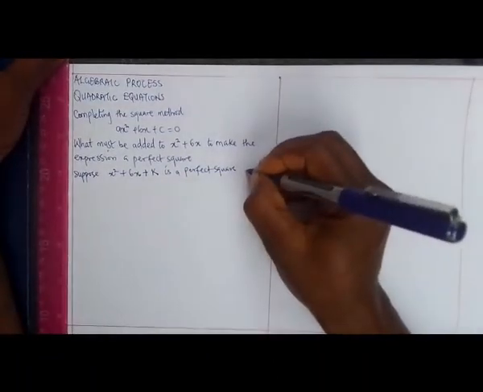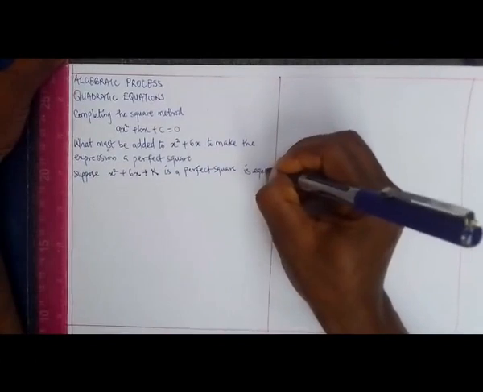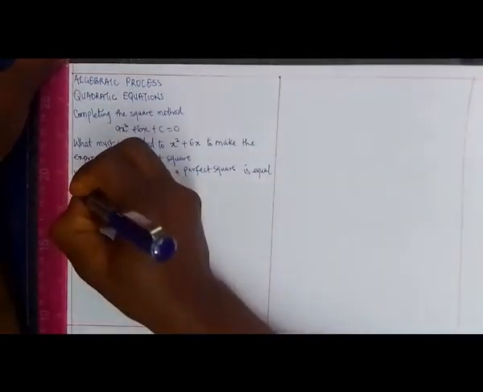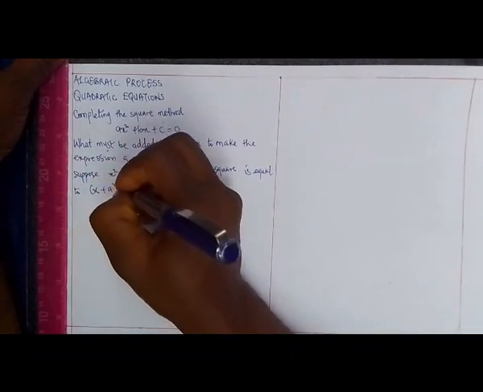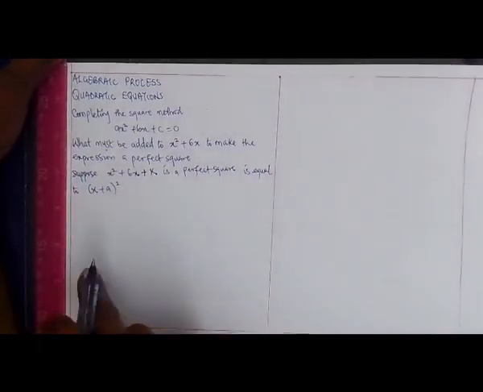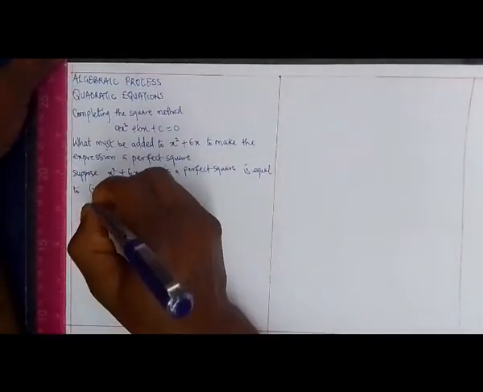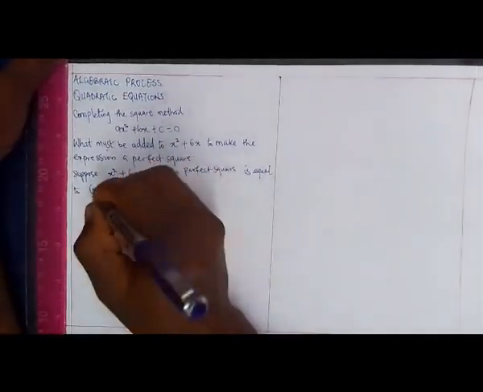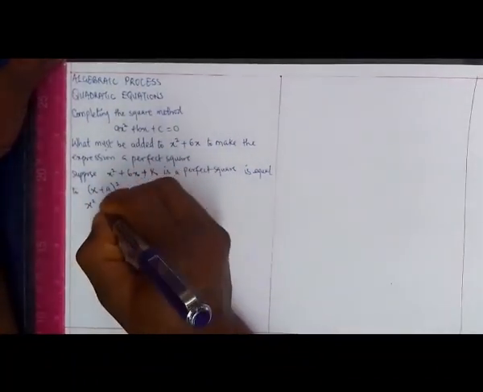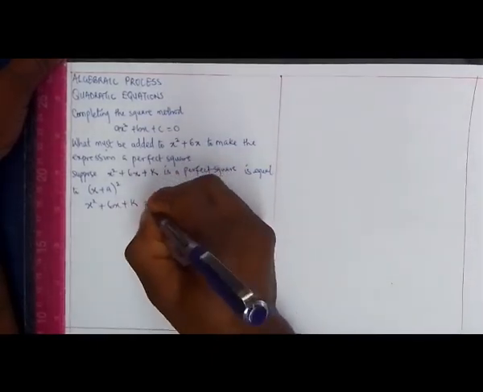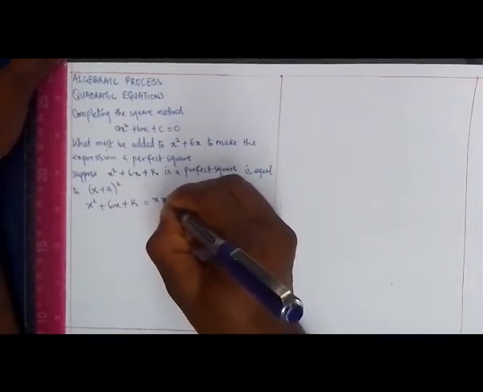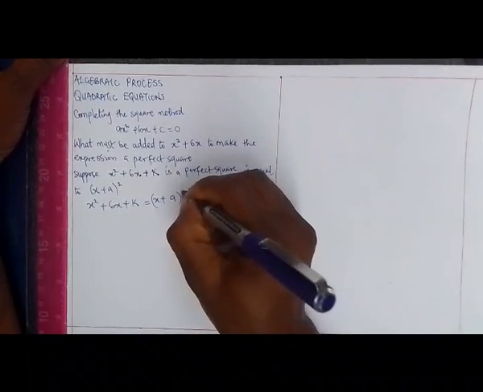Let's equate it to a perfect square that we know, x plus a all squared. So x squared plus 6x plus k is equal to the perfect square, x plus a all squared.